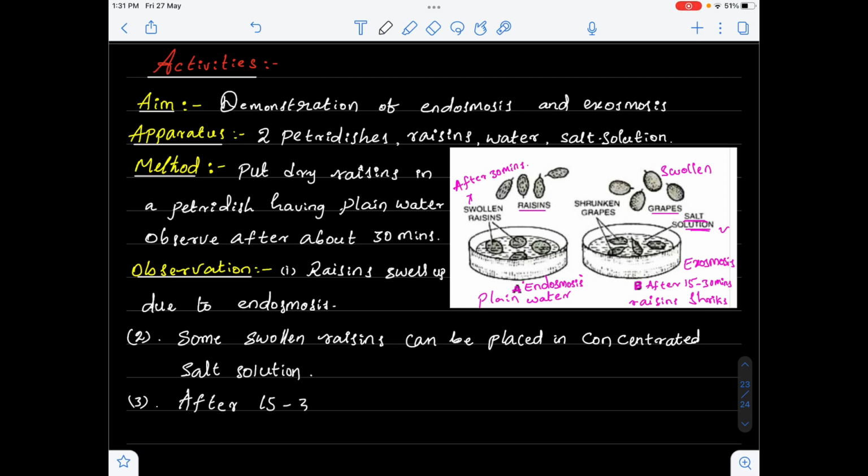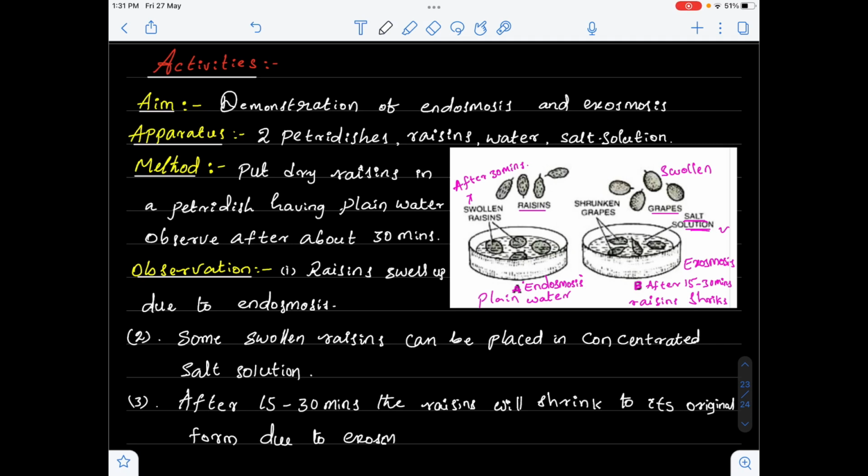After 15 to 30 minutes, the raisins will shrink to their original form due to exosmosis.